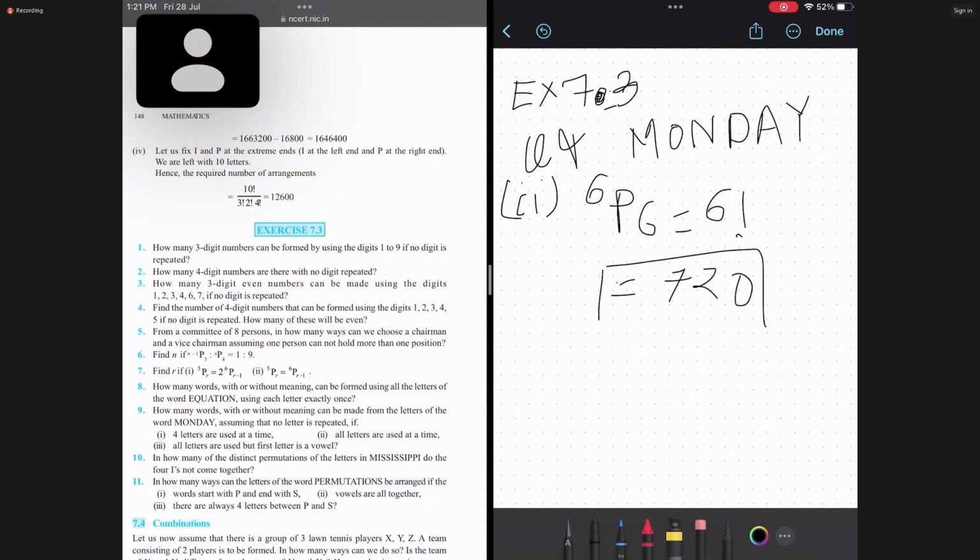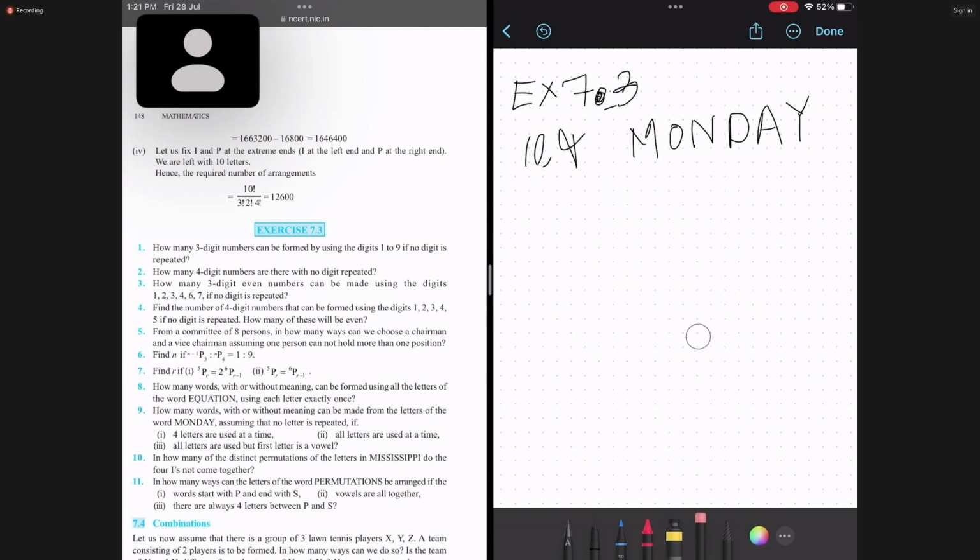So that is all from our end. Now moving on to the third part. This is the most interesting part of the question. We have 6 places to fill, but the condition imposed upon us is that the first letter of the word is always going to be a vowel.